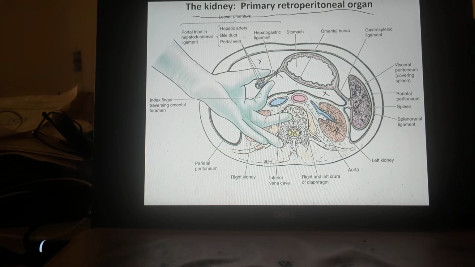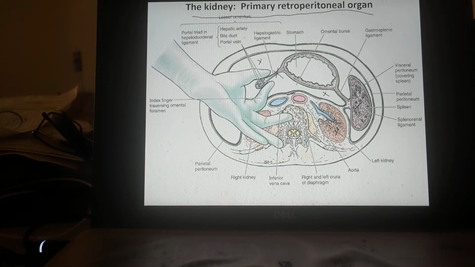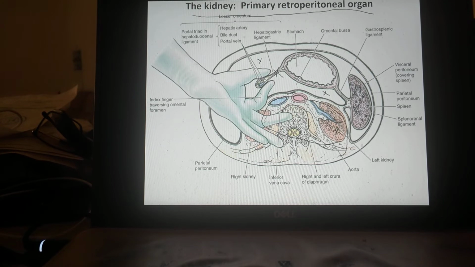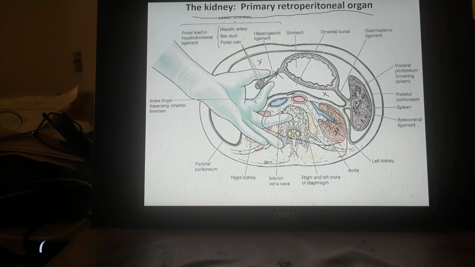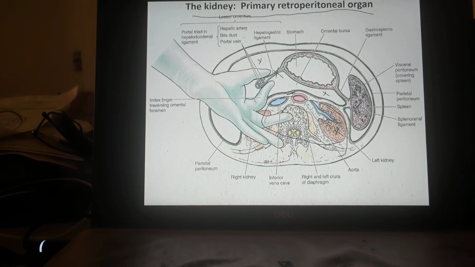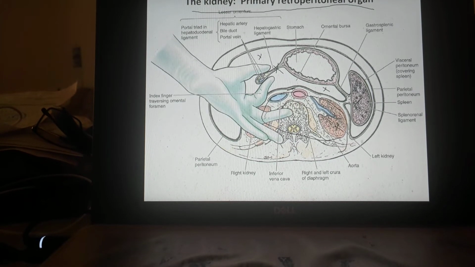So these organs, spleen and stomach, for example, are intraperitoneal structures, but all these organs here are retroperitoneal structures, including the kidneys, suprarenal gland, abdominal aorta, and inferior vena cava. All these are retroperitoneal structures.